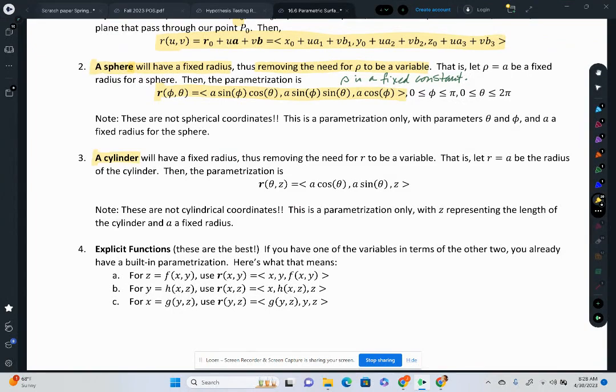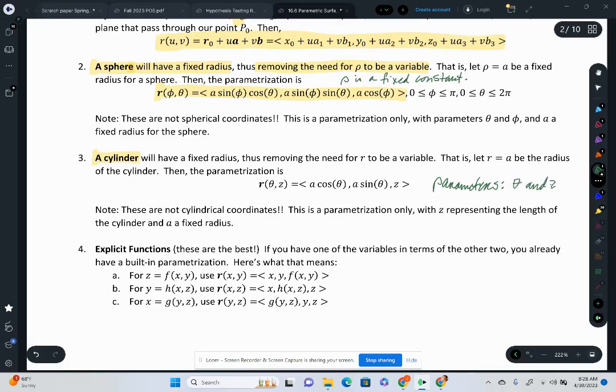So the parameters are theta and z, whereas the radius value of the cylinder is fixed at a. Okay, so we let r be a. It's not going to vary. We only want the surface of the cylinder. We don't want the inside.